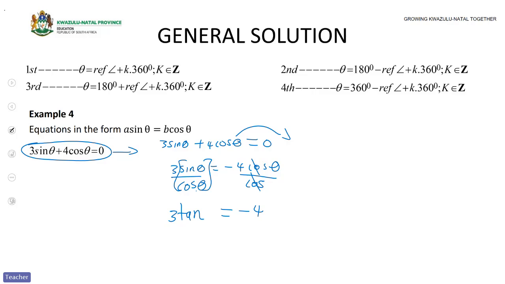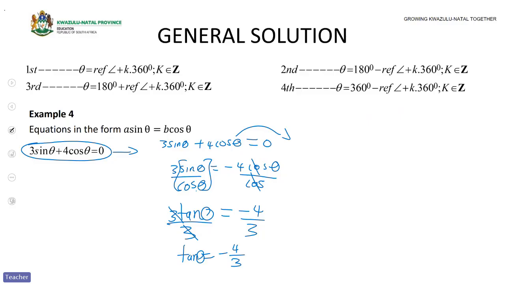Since we are looking for tan theta, we then have to divide by 3 on both sides. When you divide by 3 on both sides, you get tan theta equals -4 over 3. Now, when you have tan theta equals -4 over 3, you then have to check the reference angle, because we now have the numerical value, which is -4 over 3.